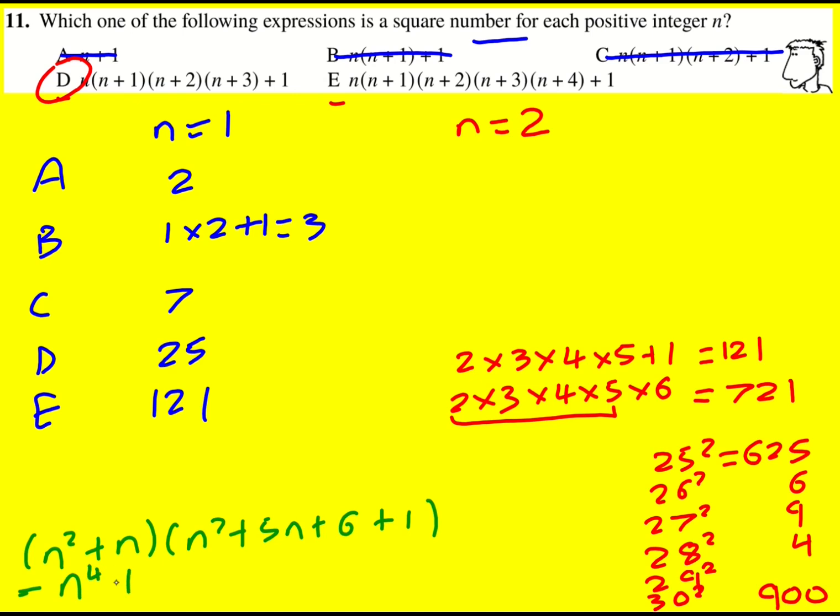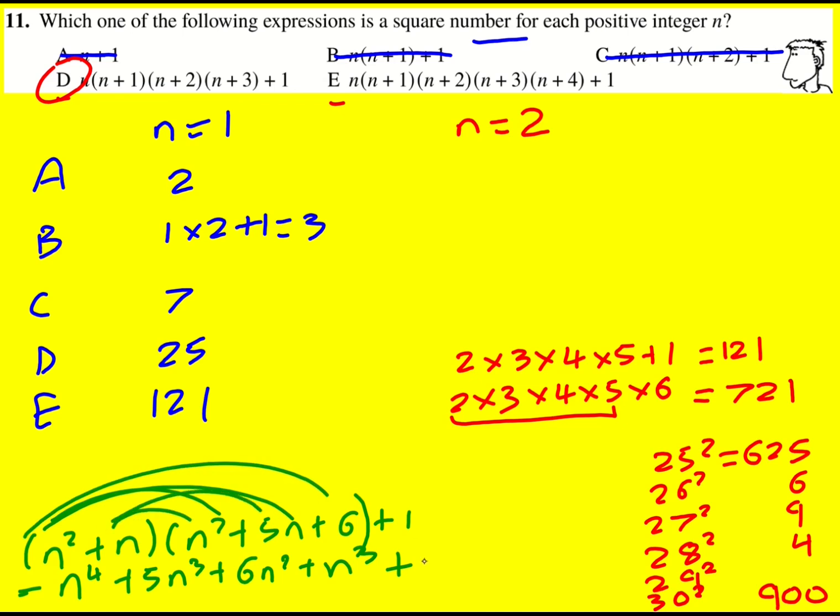That's going to give n to the 4 plus 5n cubed plus 6n squared plus n cubed plus 5n squared plus 6n plus 1. Sorry, I made a little mistake there.